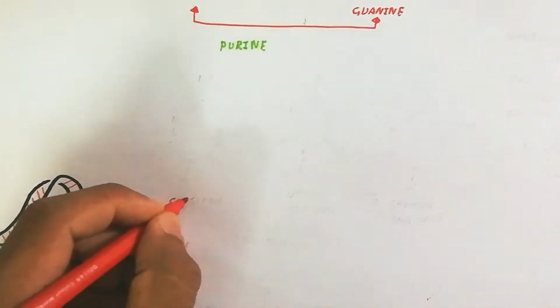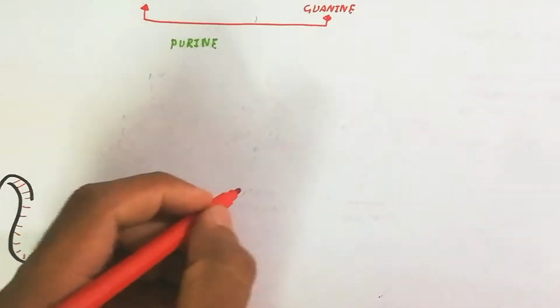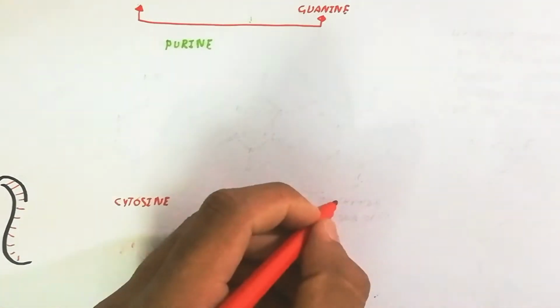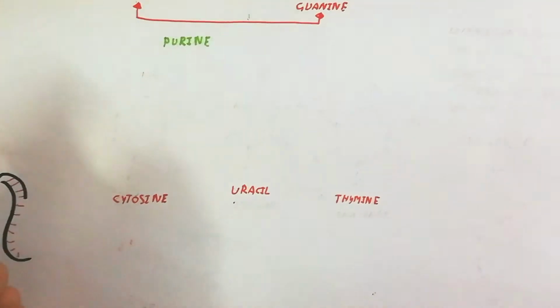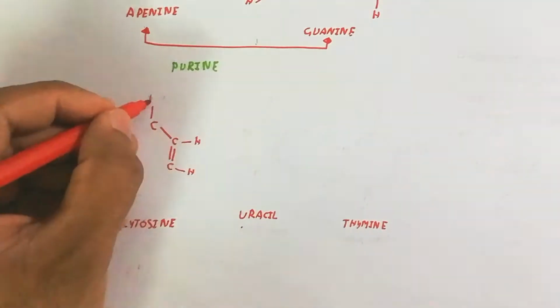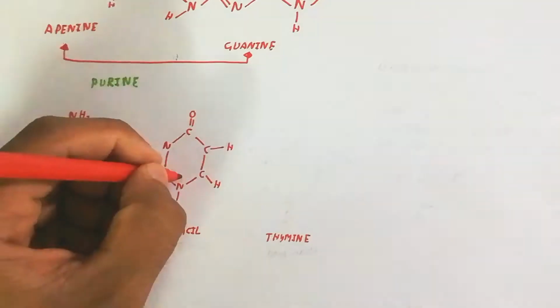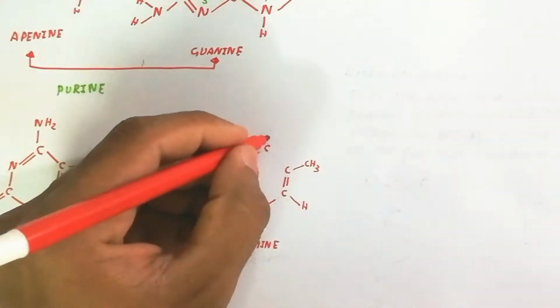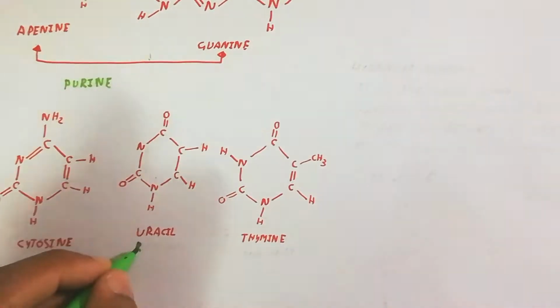Now we will talk about the single ring bases: cytosine, uracil and thymine. The cytosine structure is a 6-membered ring of carbon and nitrogen.